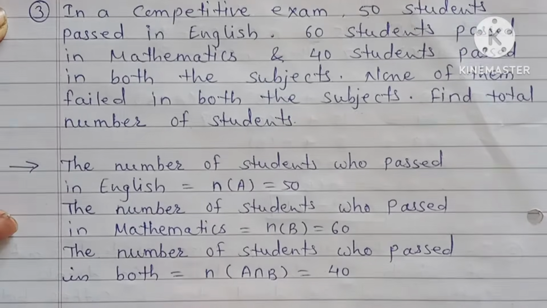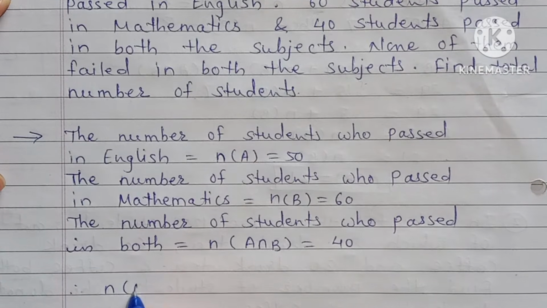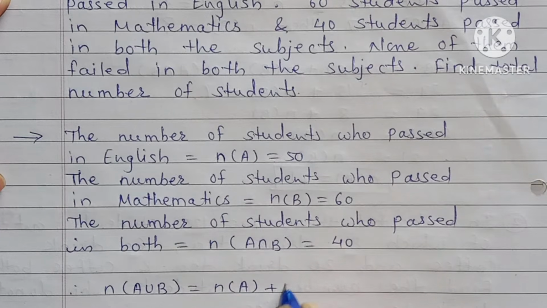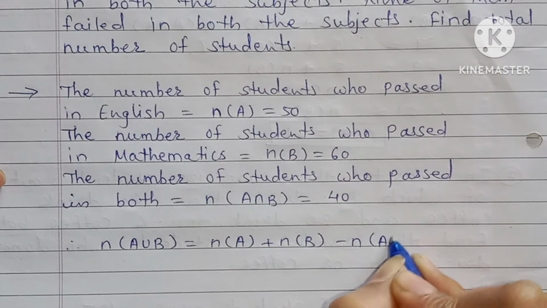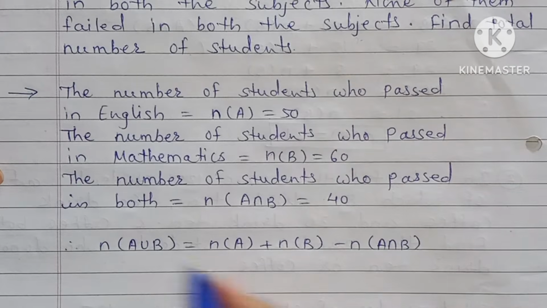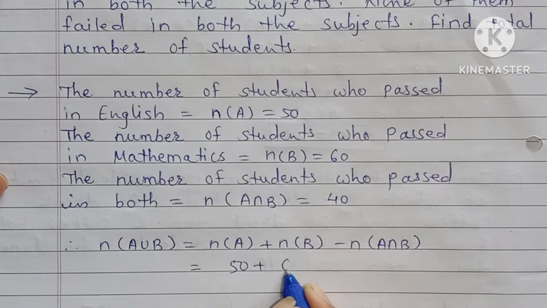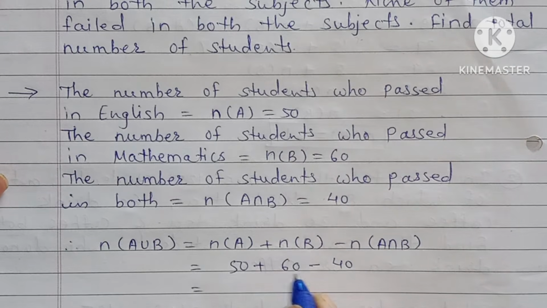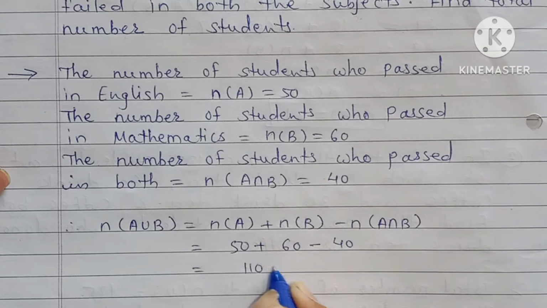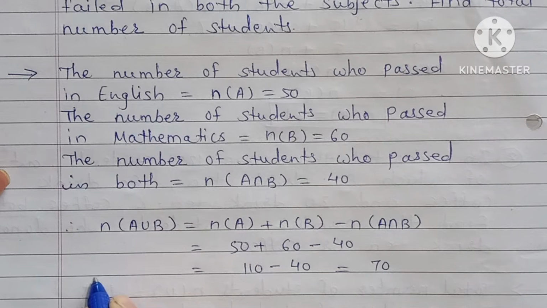Now again use the same formula. n of A union B is equal to n of A plus n of B minus n of A intersection B. Now put the values. n of A 50, n of B 60, n of A intersection B 40. 50 plus 60 is 110. 110 minus 40 is how much? 70.